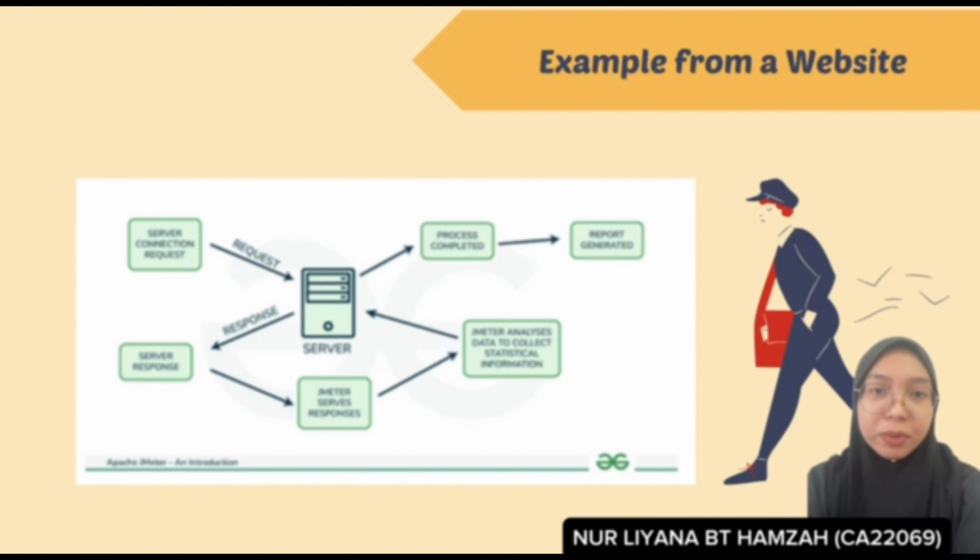This is an example from a website. The load testing tool example is Apache JMeter. Apache JMeter is a popular open source tool for load testing and performance measurement. It can simulate a large number of users sending requests to a web server, application, or other services, making it ideal for load testing in a staging environment.